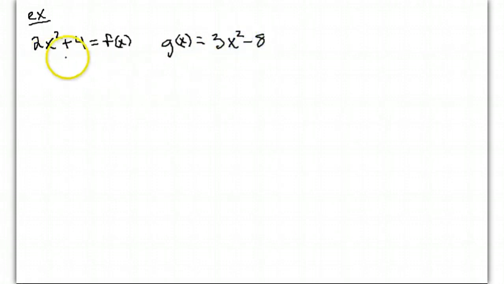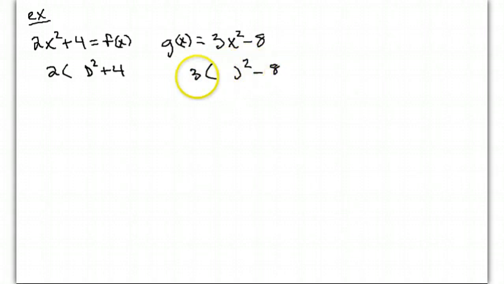So first thing we do is f is 2x squared plus 4, so we're going to do 2 open parentheses squared plus 4. And since g is 3x squared minus 8, we do 3 open parentheses squared minus 8. You just put blanks for the x's.